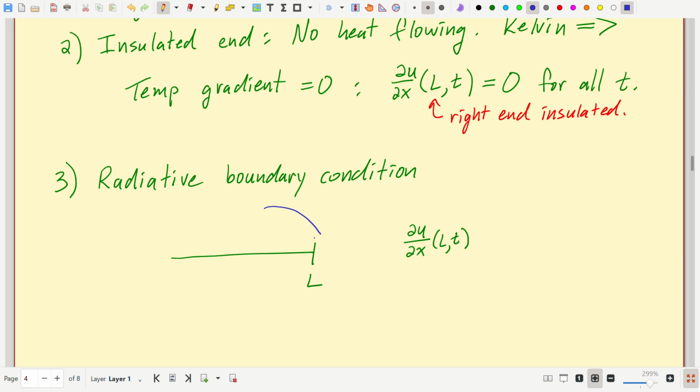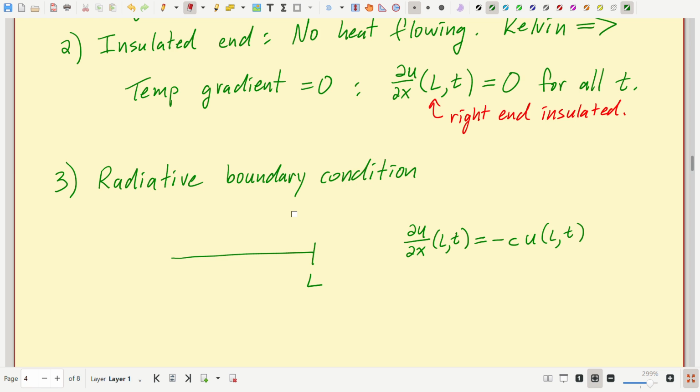Yeah, I think this is negative. It's minus C times u at L,t. So let's say it's really hot, then of course the heat would flow to the right. Is that how you think about it? Let's say u is really hot. Then the heat would be radiating, which should make the gradient negative. I believe I'm thinking correctly.